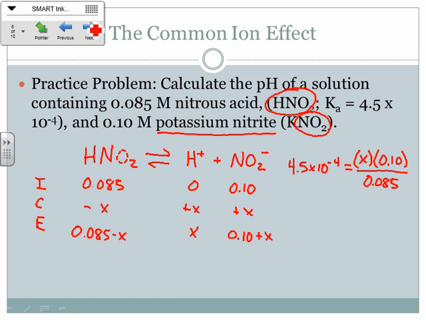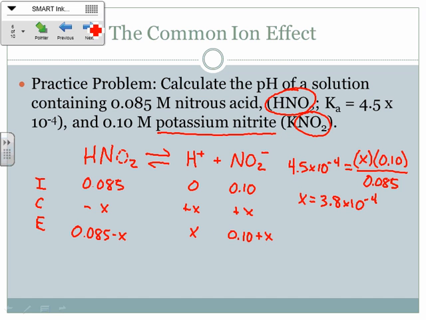Okay. And once we work all this through and solve for x, then I'm getting an x of 3.8 times 10 to the negative fourth.